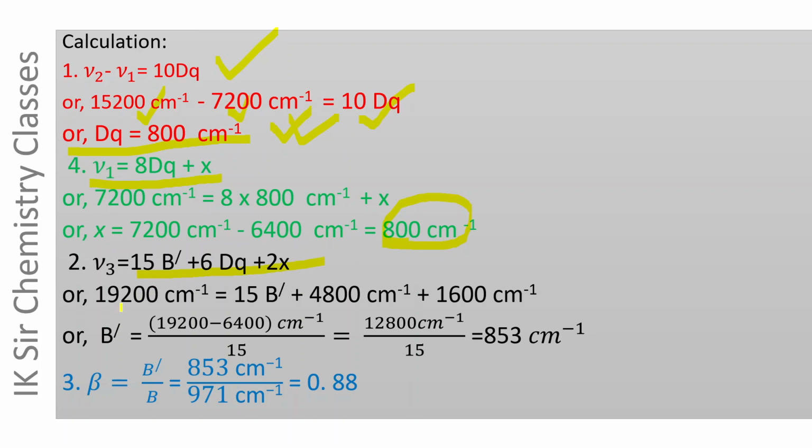On putting the values of nu3, dq and x in this expression, nu3 is equal to 19,200 cm⁻¹, which equals 15B' plus 6 into dq. dq is equal to 800, so 6 times 800 will be 4,800 cm⁻¹, and x equals 800 cm⁻¹, therefore 2x will be equal to 1600 cm⁻¹.